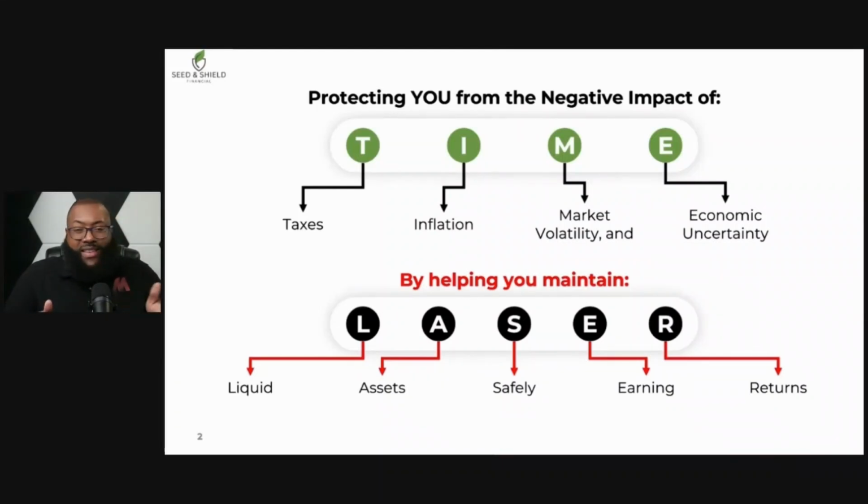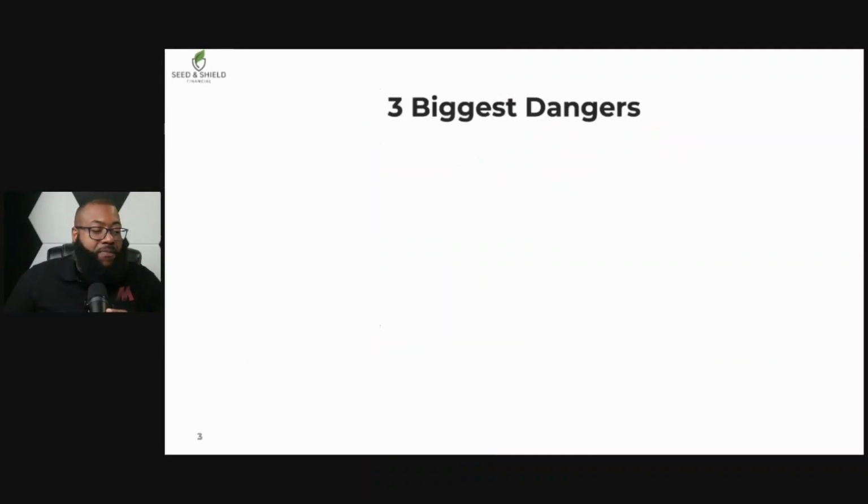But what it does is it helps you by another acronym, and it's called LASER, right? And LASER stands for liquid assets safely earning returns, right? So by the end of this presentation, I assure you, you're going to be like, oh yeah, this is a no brainer, right? So think about TIME as the issues, those are the negative impacts, and then LASER is what's going to help you overcome that. So I look forward to talking through that.